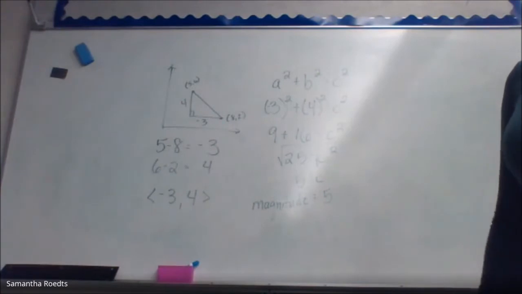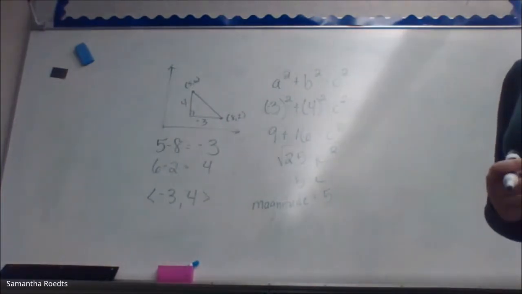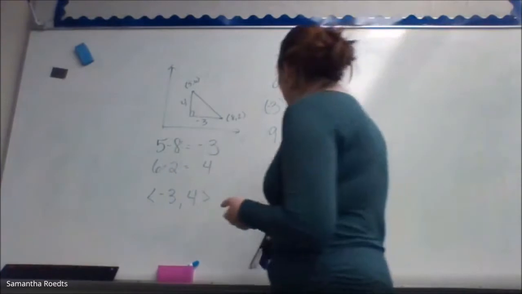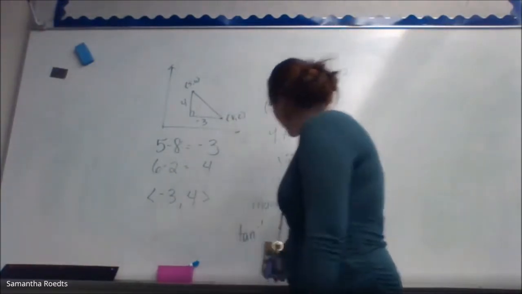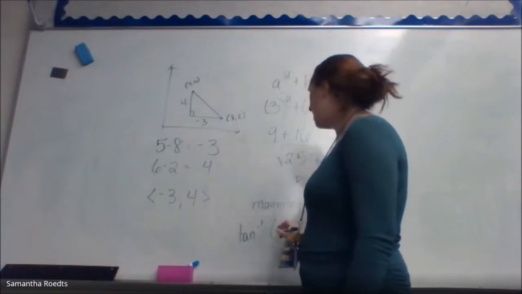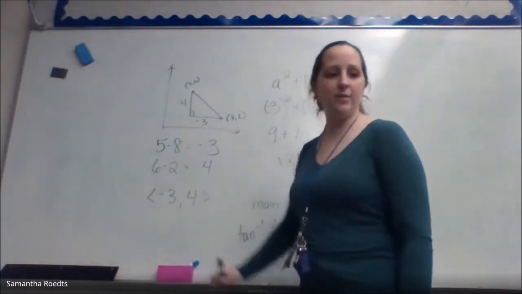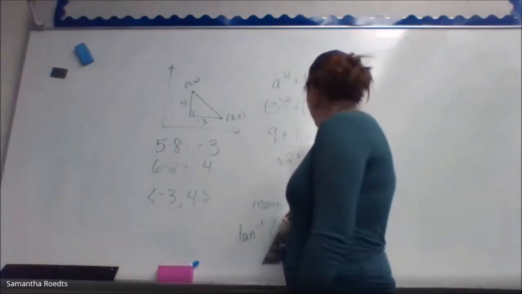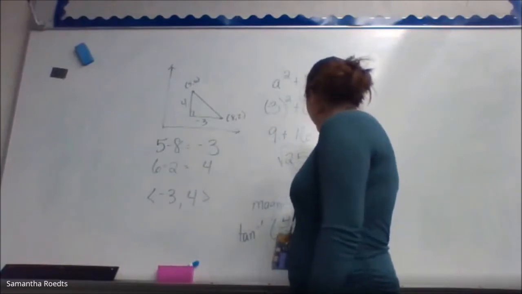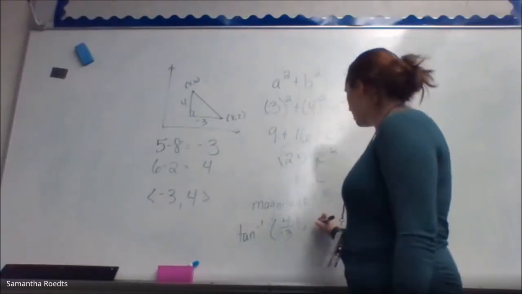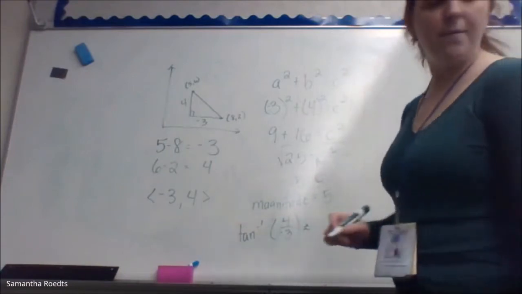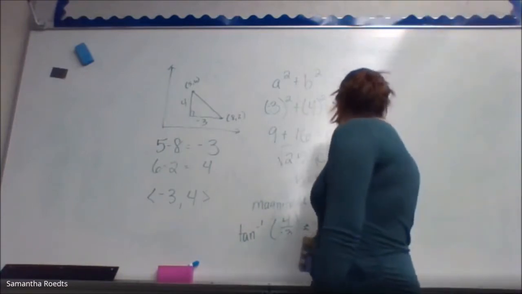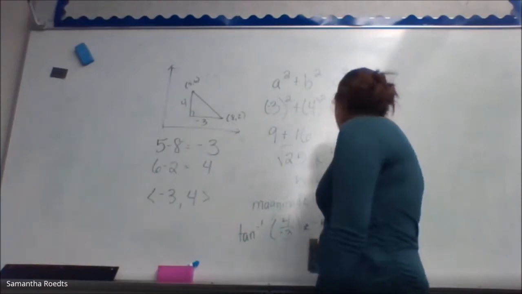And then the last thing it wants me to figure out is my direction. So the direction, I'm going to take the inverse tangent of 4, -3, which equals approximately -53.13.